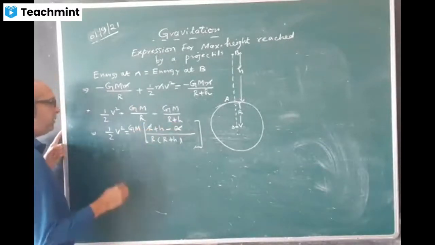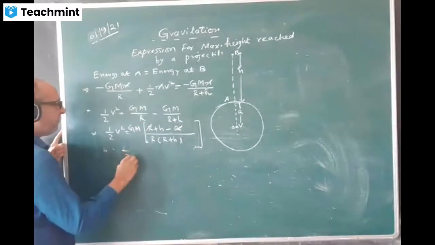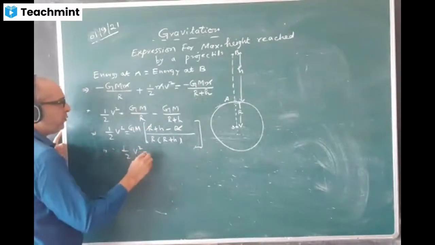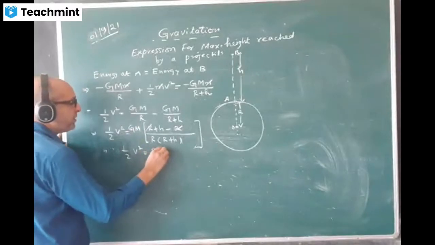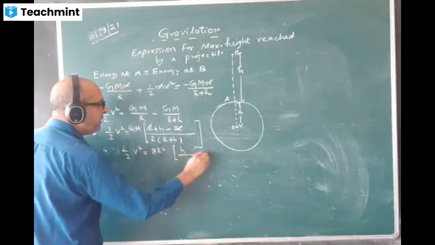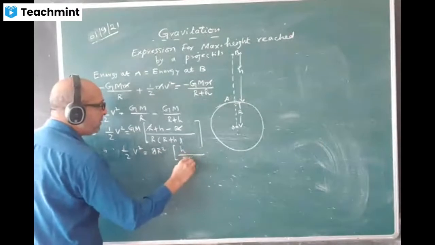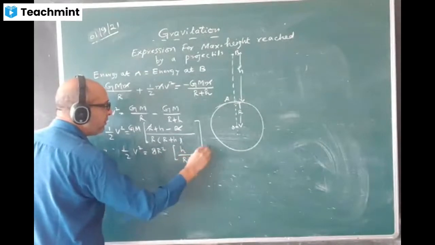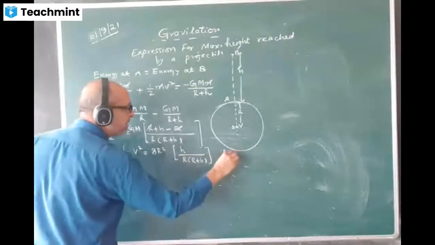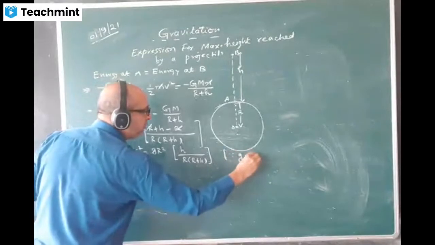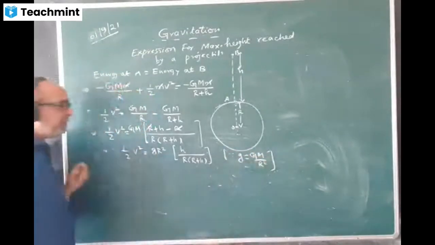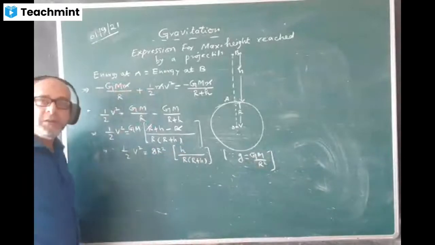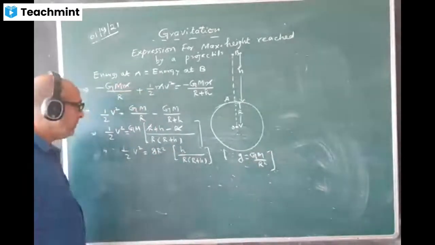R and R cancel. We get half V square is equal to GM times H by R plus H. You can make a note here, since small g is equal to GM by R square, therefore GM value will become g R square.